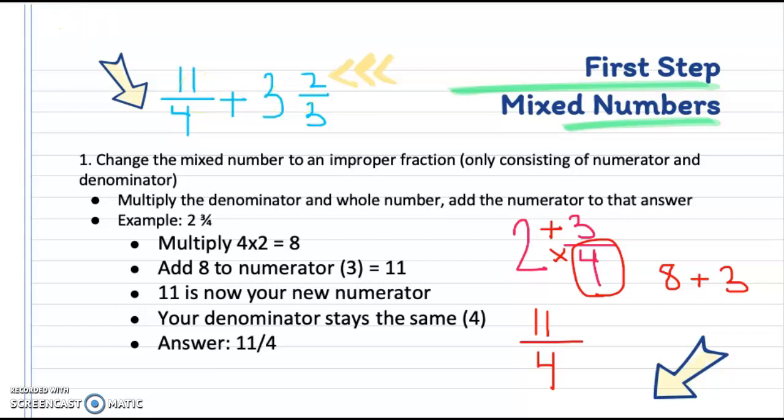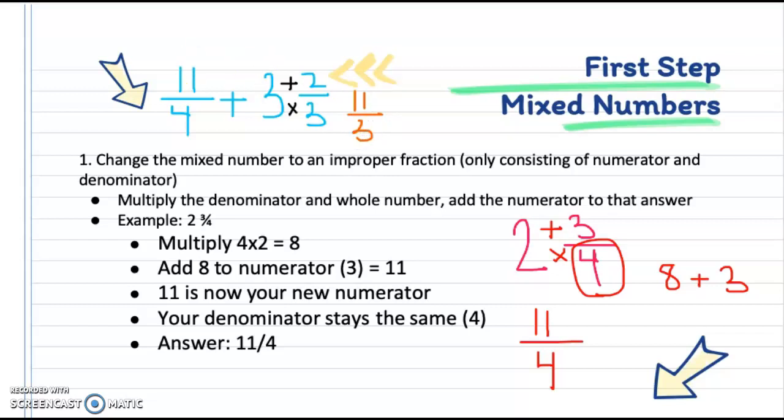So our first step in figuring out the improper fraction is we're going to multiply the denominator and the whole number, and we're going to add that answer to the numerator. So when we do this, we get 3 times 3, which is 9, plus 2 is 11. So now we have 11 over 3.